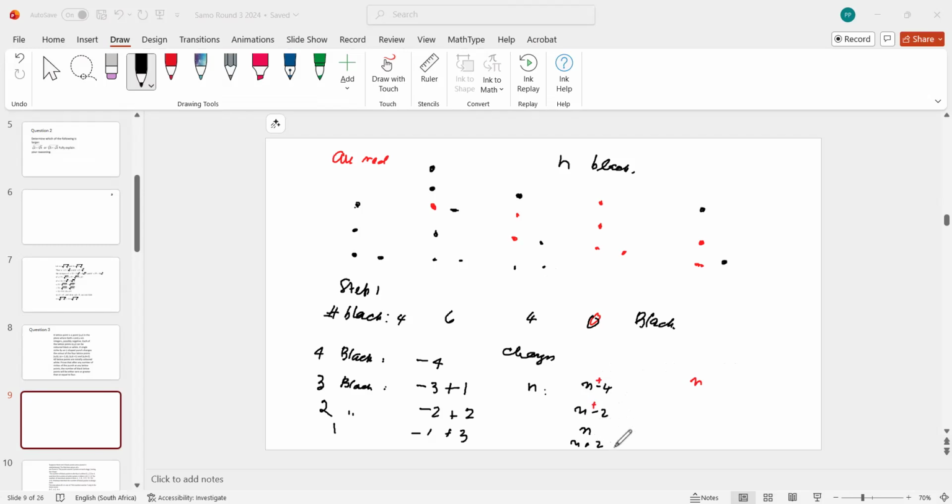And then, yeah, it could be n. Right. So the n can be increased by 4, 2, 0, or 1, or 2, or it can decrease by the same amounts. It's quite difficult to explain this thing, but I hope you're getting the gist of what's going on.